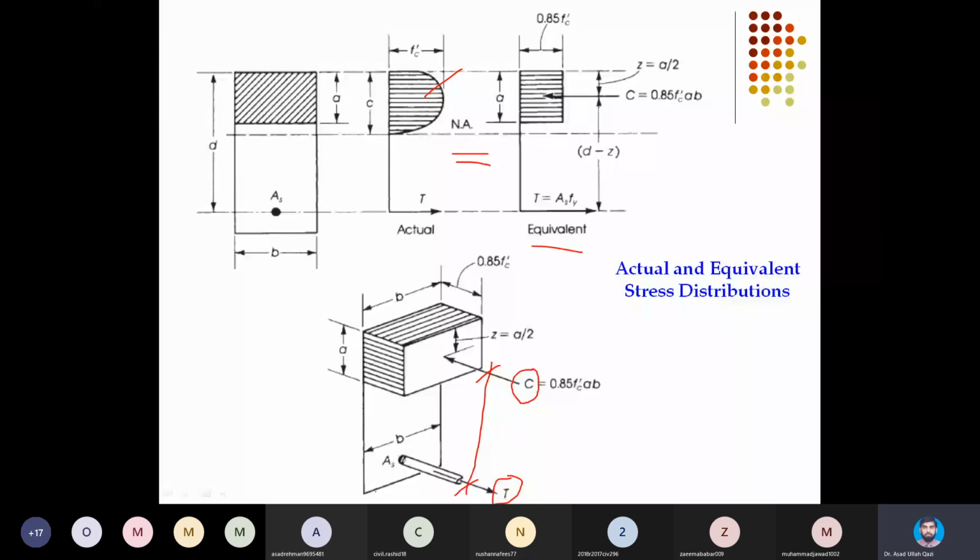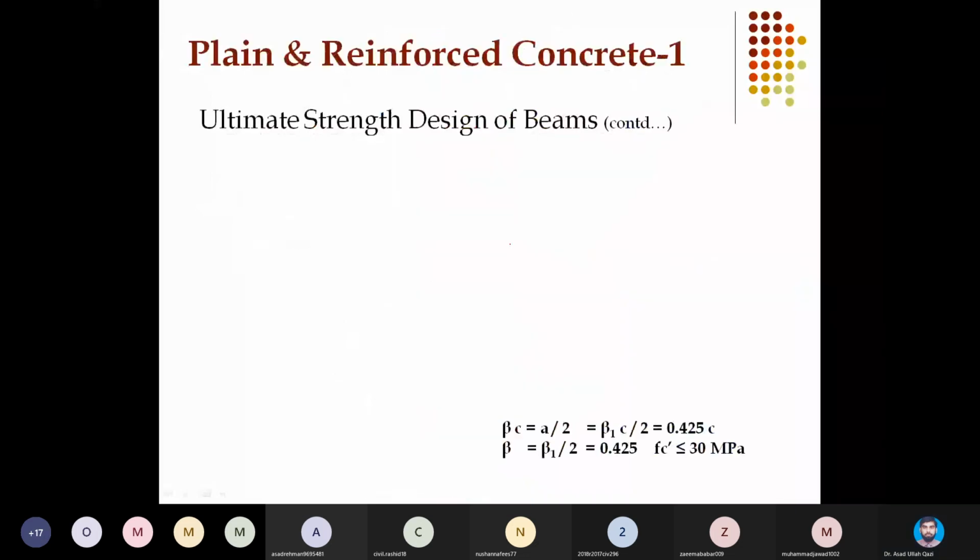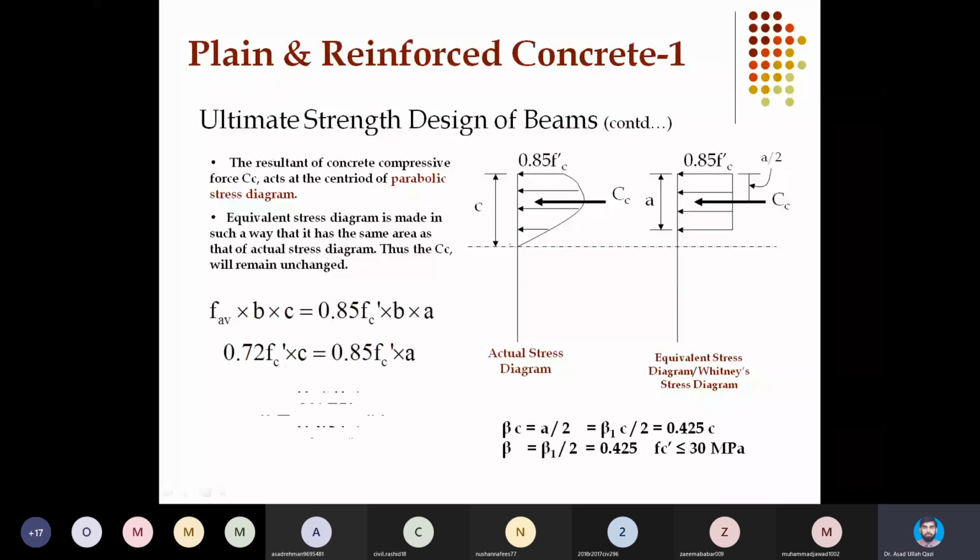So rather than working on the actual, I can replace it with this uniform stress block, and with less effort I can calculate the answer with the same accuracy. This is what is proved here on this slide.